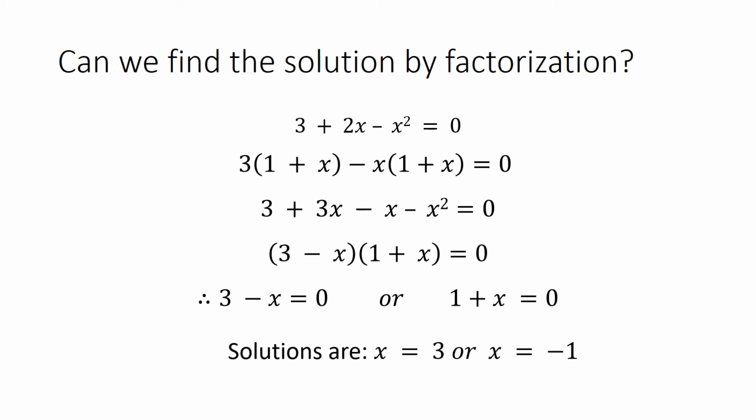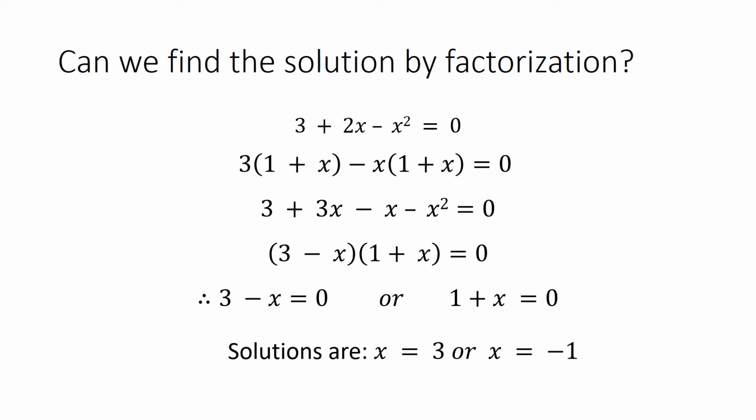So using our principles just as before, we have skipped a few steps here, but we will rewrite as 3 plus 3x minus x minus x squared. Then we group our terms and factorize accordingly. Give it a try.